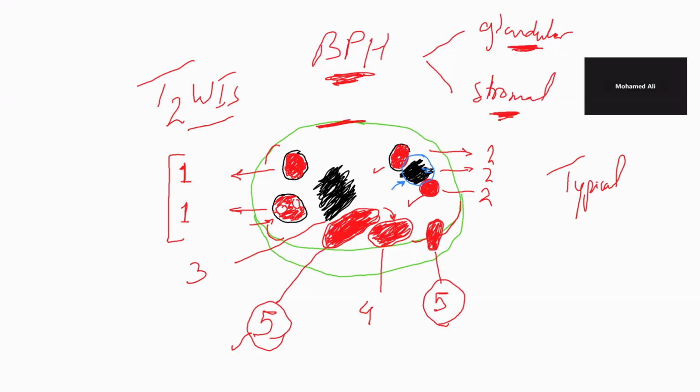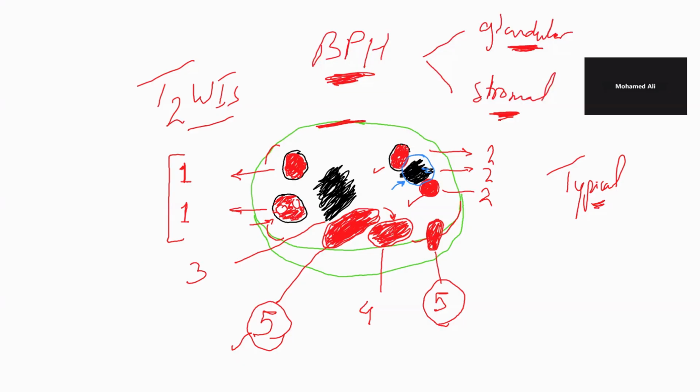So the typical nodule can display low signal intensity on T2 weighted MRI. Also, if it is a mucin retention nodule, it can display bright T2 signal. So take care of this point. Nodules of benign prostatic hyperplasia can display any signal intensity.